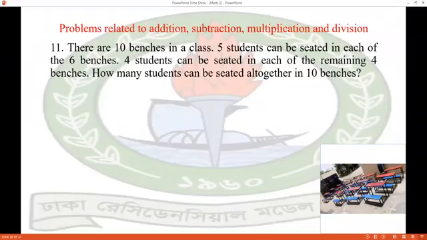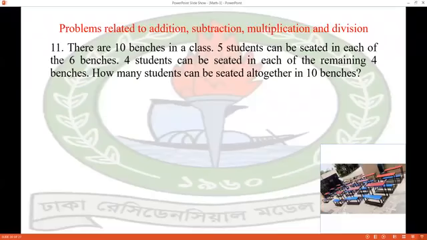It seems your classroom in class 3 has 10 benches. In 6 benches every bench contains 5 students, and in the last 4 benches every bench contains 4 students. How many students can be seated altogether in the 10 benches?